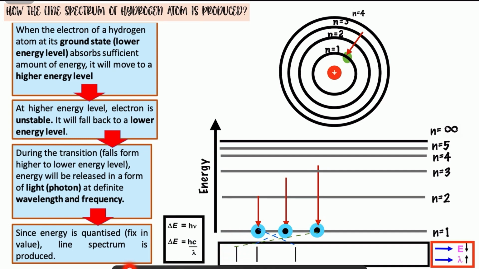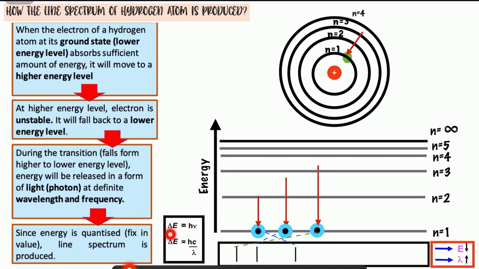You will learn this formula in the second part, but I will show you the relationship between the energy, wavelength, and frequency. When the electron makes a transition, there will be an energy change.